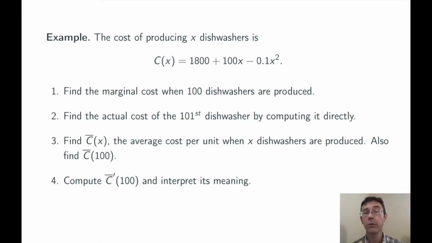The cost of producing x dishwashers is given by this cost function, 1800 plus 100x minus 0.1x squared. We want to find the marginal cost when 100 dishwashers are produced, and then find the actual cost of producing a 101st dishwasher. And then we want to do a couple of questions using average cost.